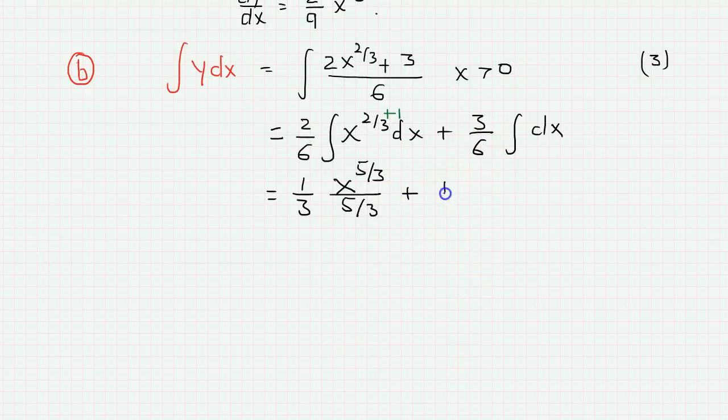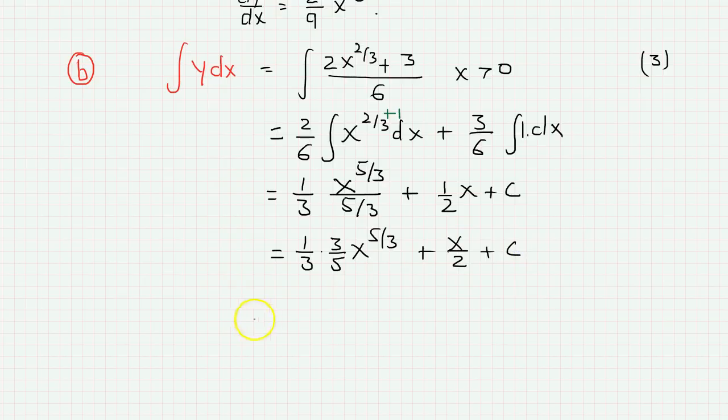Plus 3 over 6 is 1 over 2, and the integral of dx or 1 dx will be x plus c. So it will be 1 over 3 multiplied by, this will become 3 over 5 x to the power 5 over 3 plus x over 2 plus c.